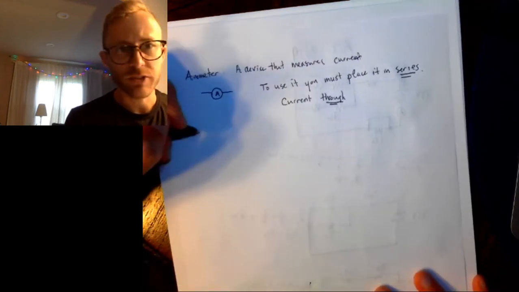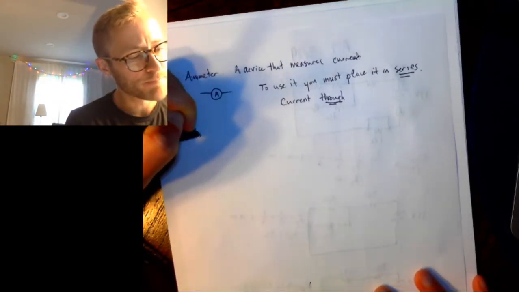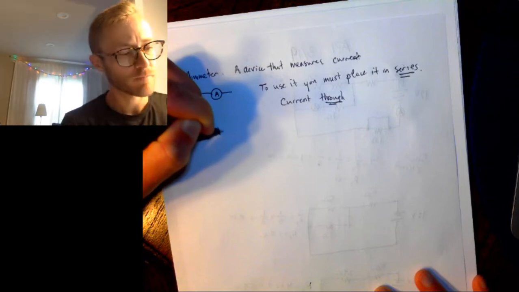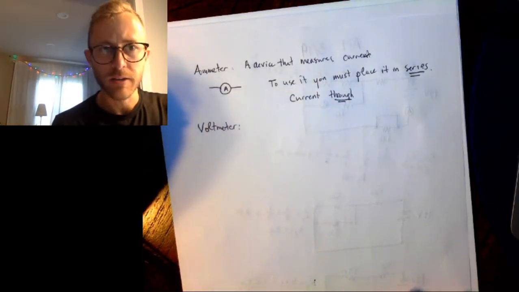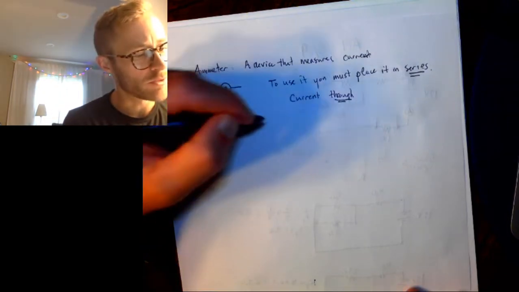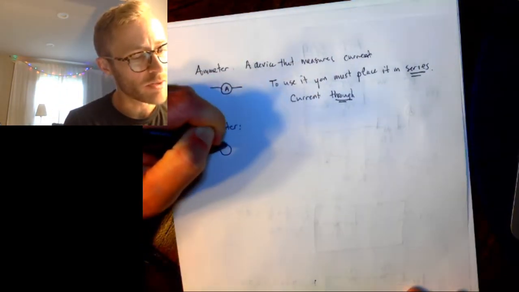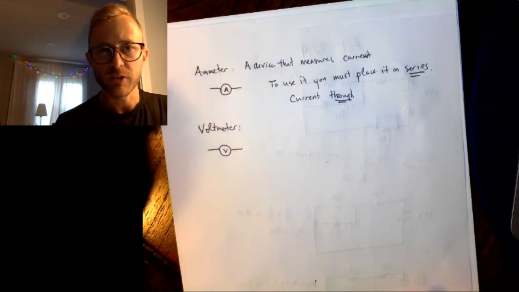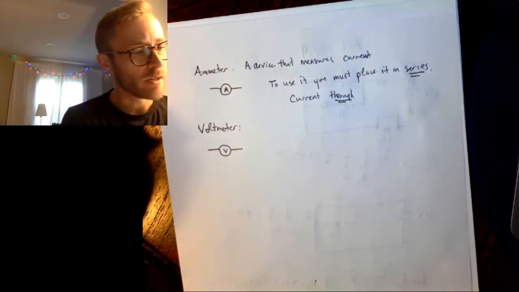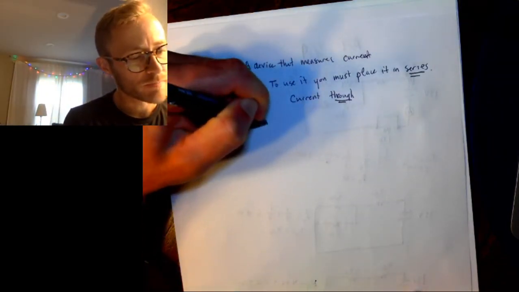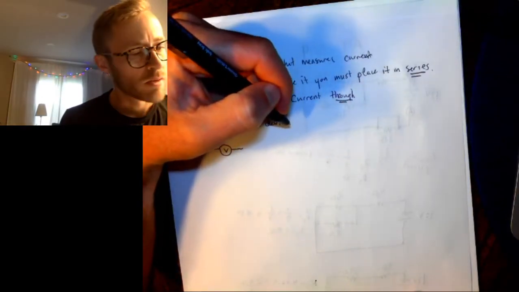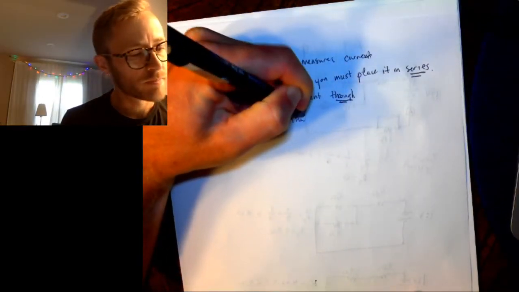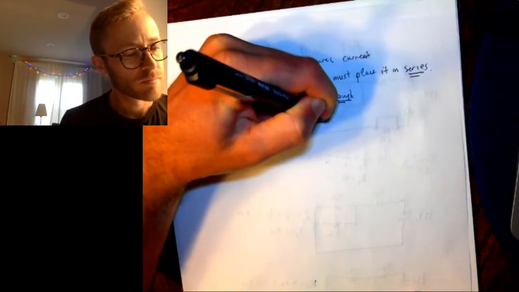Okay, there's another device. It is called a voltmeter. Okay, and a voltmeter is denoted by a circuit symbol with a V in a circle, and it is a device that measures voltage.